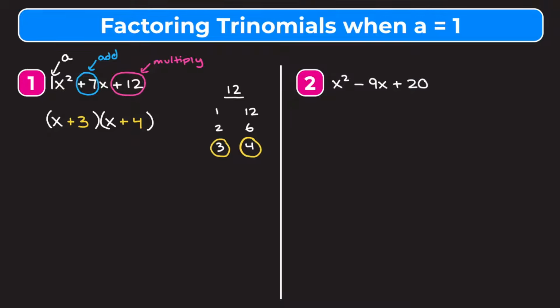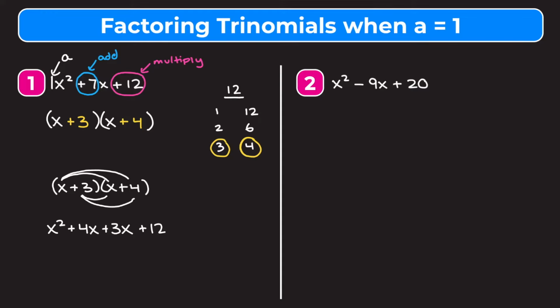I'm going to show you why this works before we move on to example 2. Down here, if we take x plus 3 and x plus 4 and re-multiply it out, we FOIL. When we do x times x, we get an x squared. When we do x times 4, we get a plus 4x. If we do 3 times x, we get plus 3x. And 3 times 4 is plus 12. So this 12 came from our 3 and our 4 multiplied together.